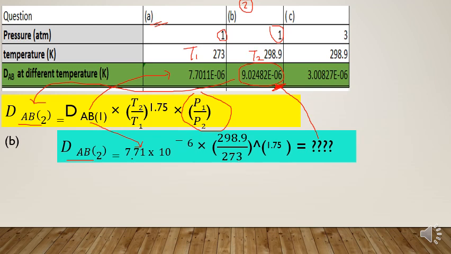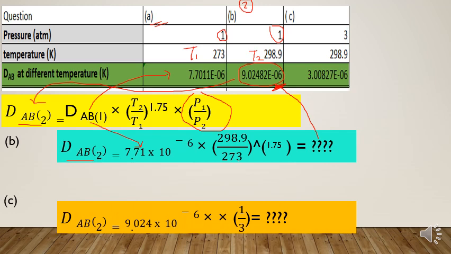Let's move to question C. For question C, you can use the correlation between B and C. Before this, condition B was considered as condition 2. Now, if you solve question C, condition B is considered as condition 1 and this one is considered as condition 2.